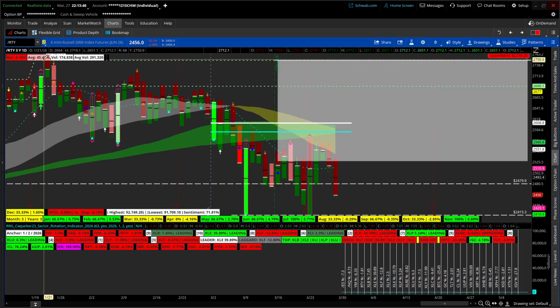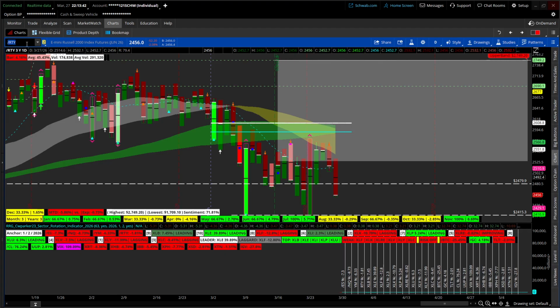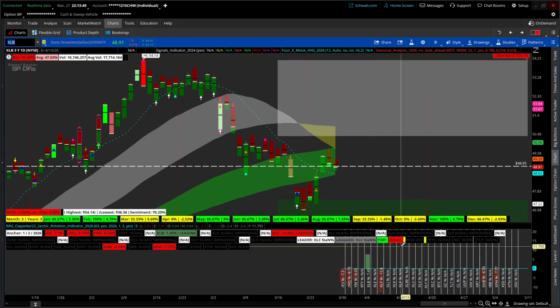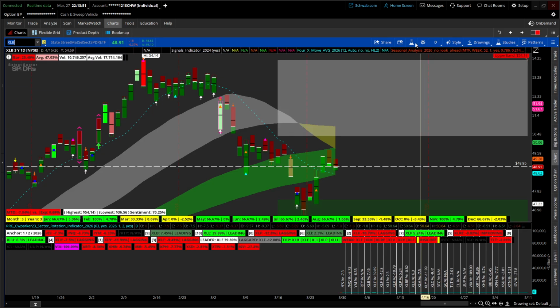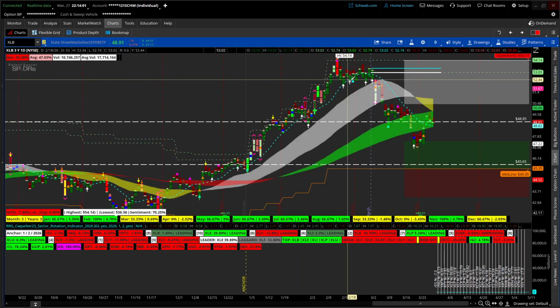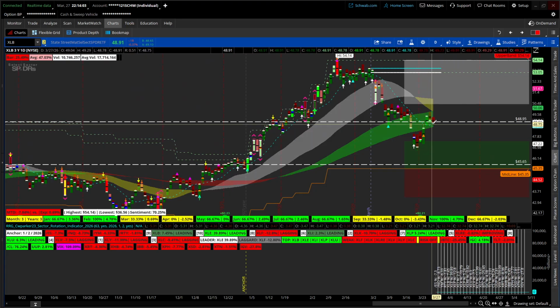And then we could just go through those different sectors as well. So let's go to XLB. And we'll leave this on. So XLB is up 7.45%, and it's still considered leading. Even though it had this pullback right here, it's pushing back above.